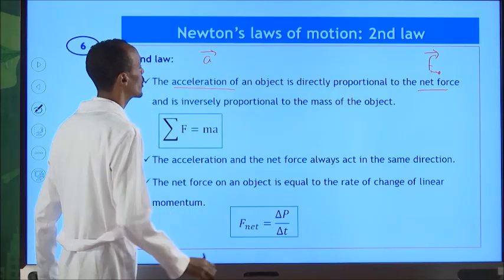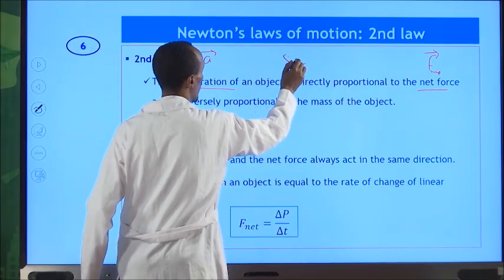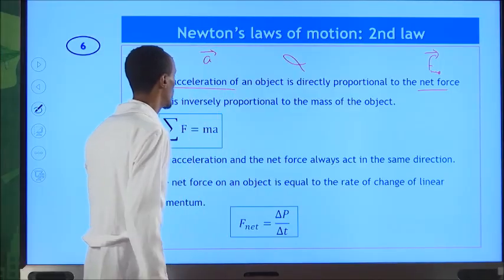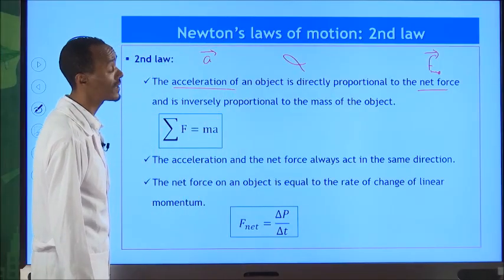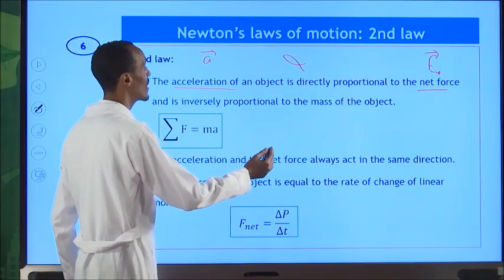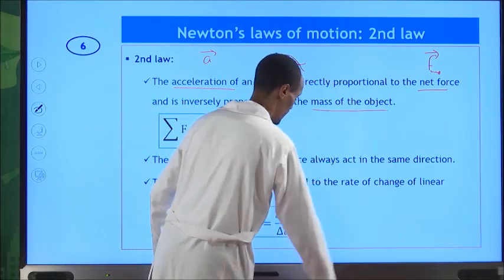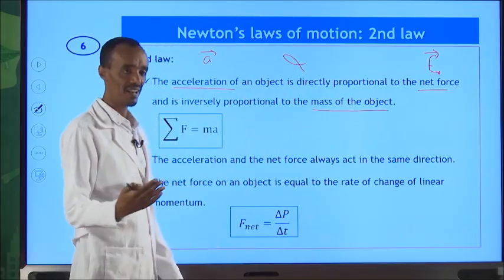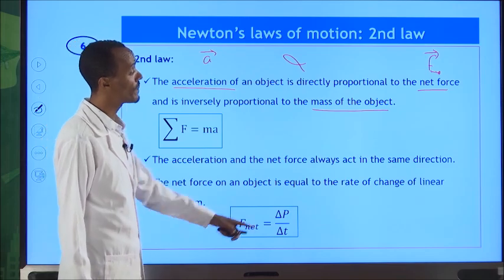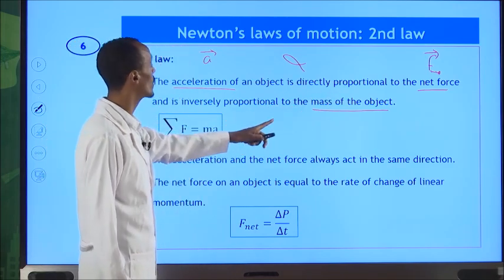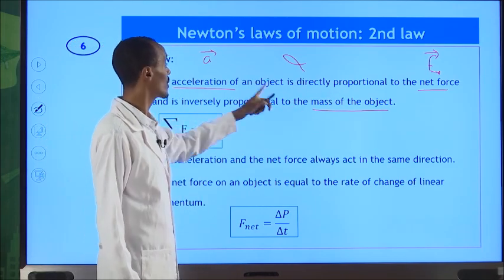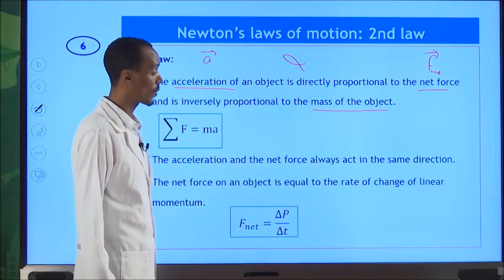The acceleration is directly proportional to the net force. This is one way of stating Newton's second law, and at the same time it is inversely proportional to the mass of the object. If the mass is large enough, we need a large force. During that time, if the mass is large enough, the acceleration is small.